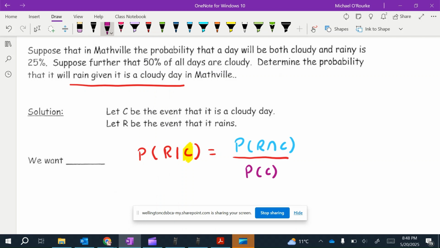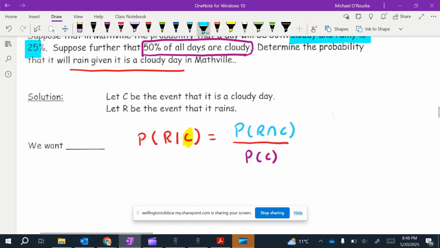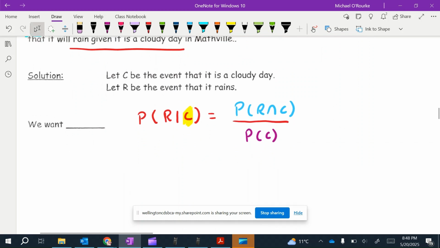If I'm looking for the probability it's cloudy, that's 50%. And then cloudy and rainy is 25%.